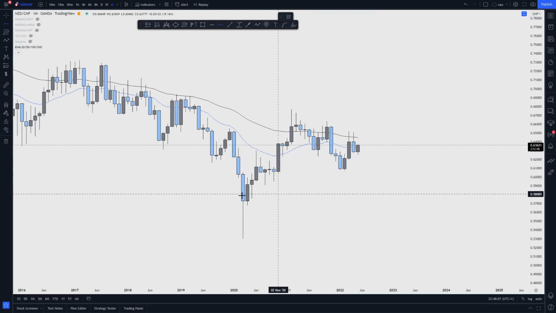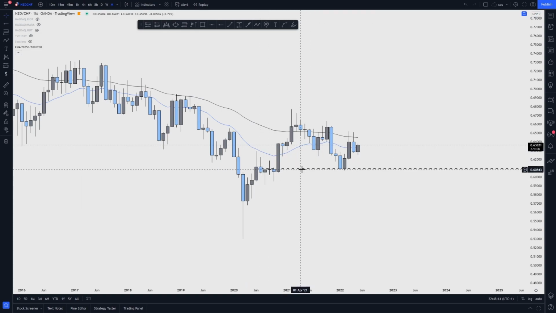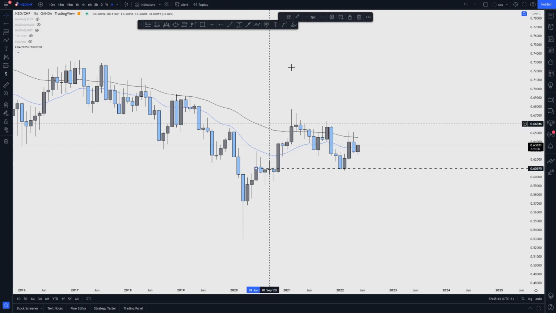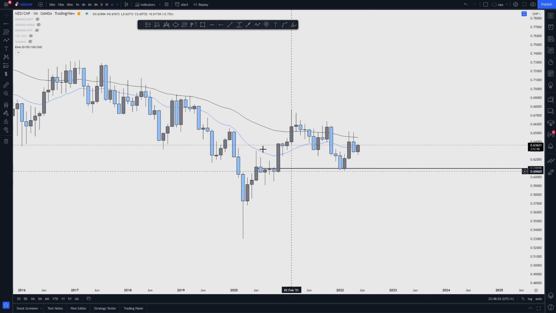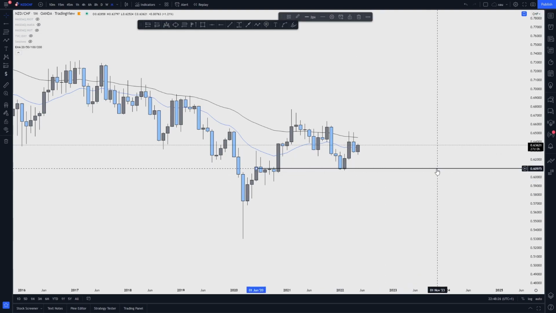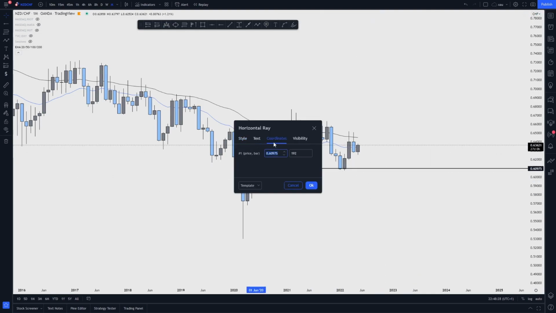So I like to draw my levels after I've identified the bias, and the way I do that is I typically look at levels where we've had reactions or there's been an abundance of candlesticks plotted around, and this is my supply and demand areas.